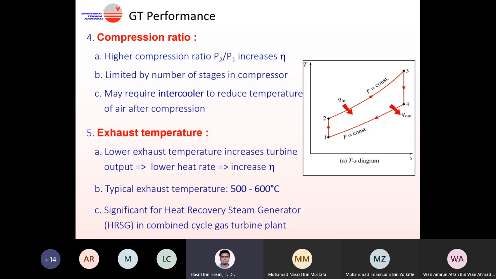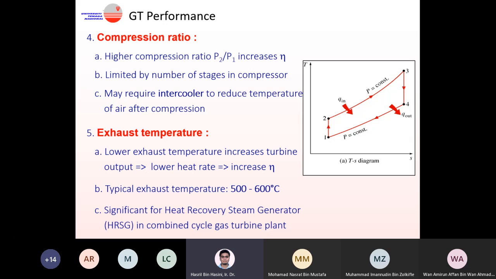So 1 minus TL divided by TH overall will become higher if our TL is low. On the other hand, for a hot country, TL is high and then the overall efficiency is low. So that's why it is related to the overall efficiency for the gas turbine performance.